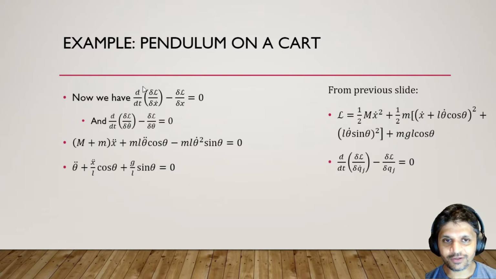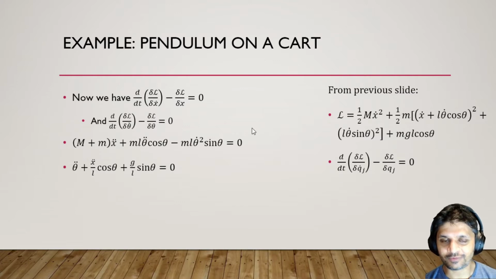So in that case, that means we have that the derivative of the partial derivative with respect to x dot minus the partial derivative with respect to x is equal to 0, right? That's the same form we've seen before. And the same thing, but with the variable theta, is also equal to 0. So both of these are true.